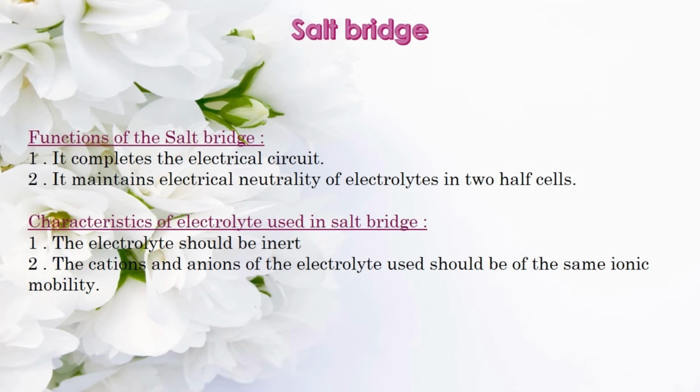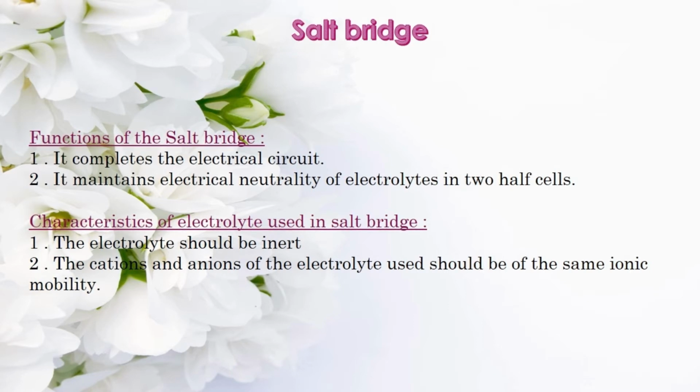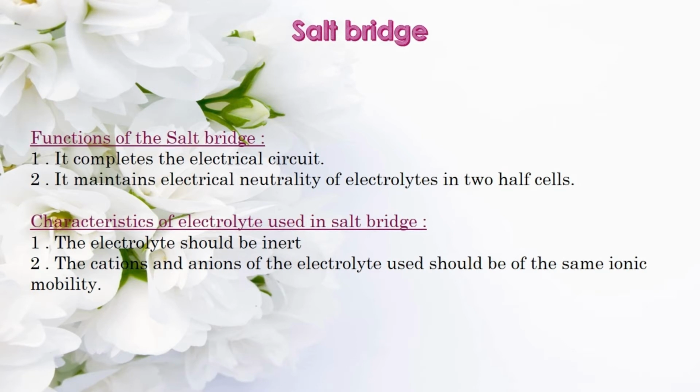Similarly, if the concentration of sulfate ions increases at the cathode of the cell, then a sufficient number of K+ ions will move from the salt bridge to this half cell. Thus, the salt bridge provides cations and anions to replace the ions lost or produced in the two half cells.